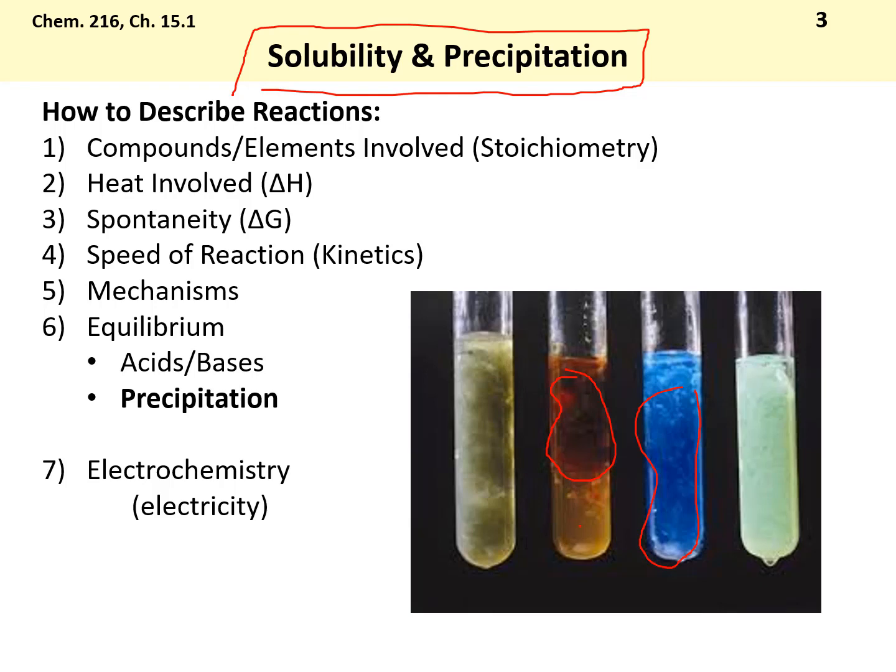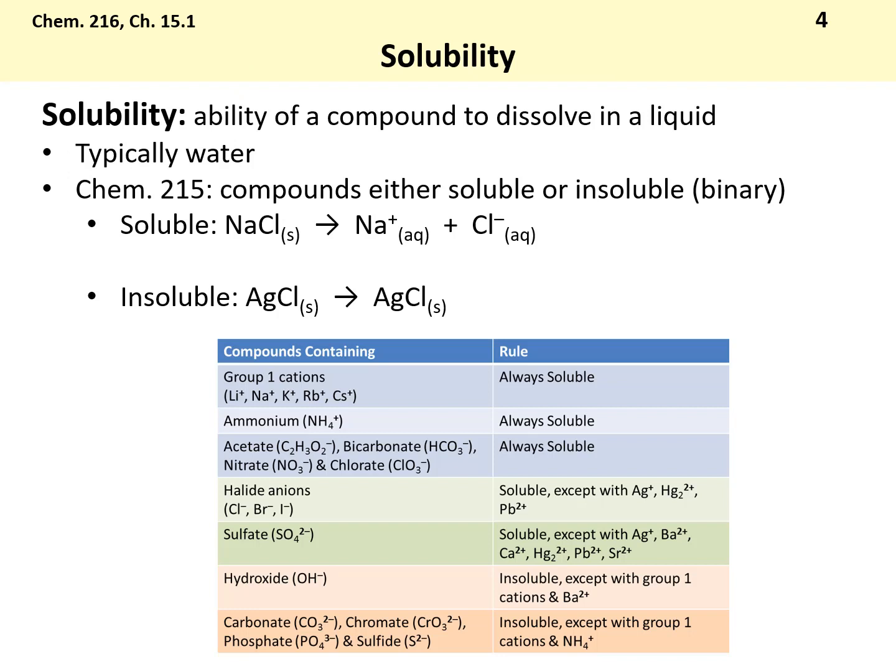That's called precipitation. The opposite, a solid going into aqueous, that's what we call solubility. So solubility is the ability of a compound to dissolve in a liquid. Typically, we talk about water. We can talk about other liquids, but in this class, we're going to talk about water.